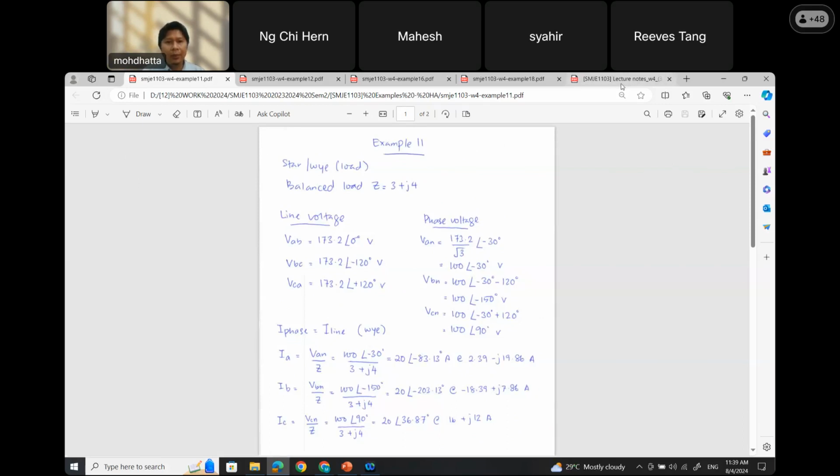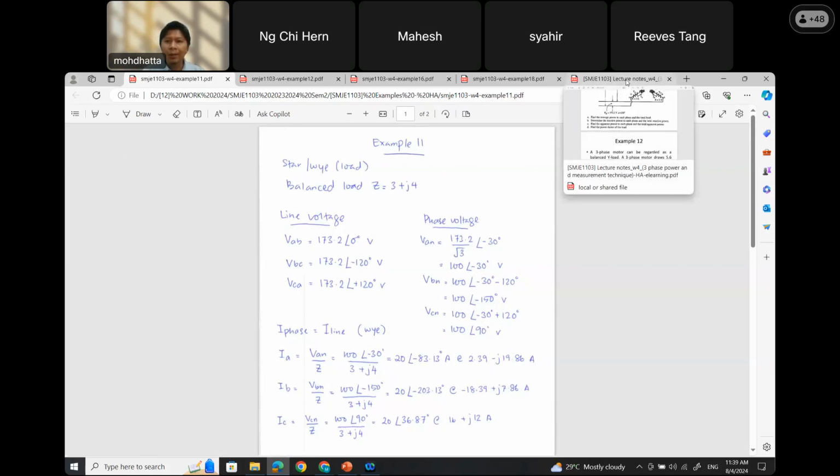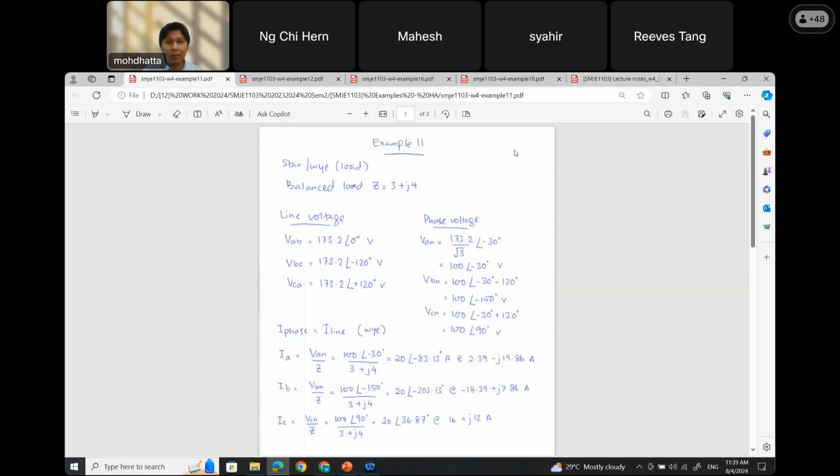Here we have star or Y connected. So I have to get in my mind that the line voltage will be slightly different from the magnitude of the phase voltage. So with the information of line voltage here, I list it down first, like here.